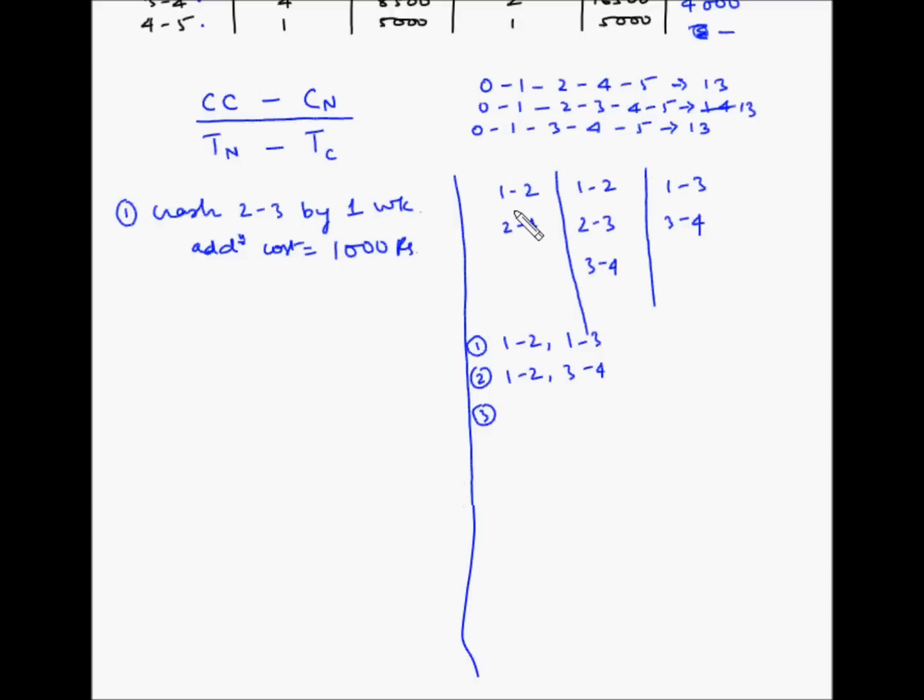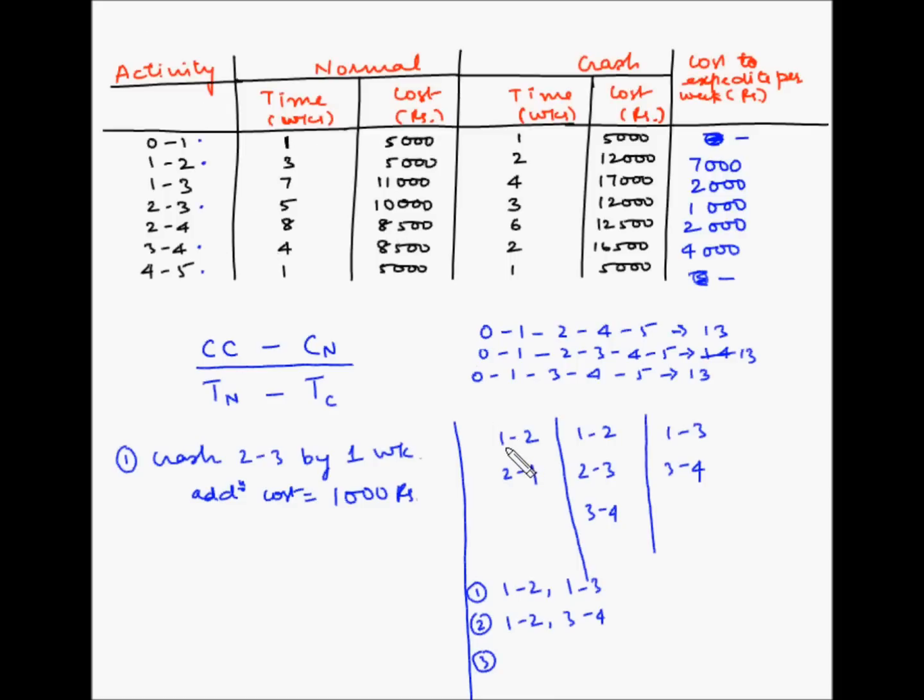Third is 1 2, and then now we will go to the next possible activity on the second path, so 2 3, and the first one on the third path, so 1 3. So 1 2, 2 3 and 1 3.